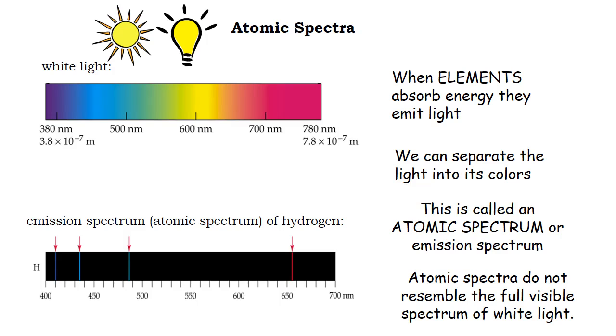If you're looking at a hydrogen source and it has energy that's being put into it, probably electricity from the wall, it will emit light. And if you separate that light into its different wavelengths using a spectroscope and you look through the spectroscope, you would see this line spectrum instead of the continuous spectrum you see above. And the purpose of this video is to explain why this is true.